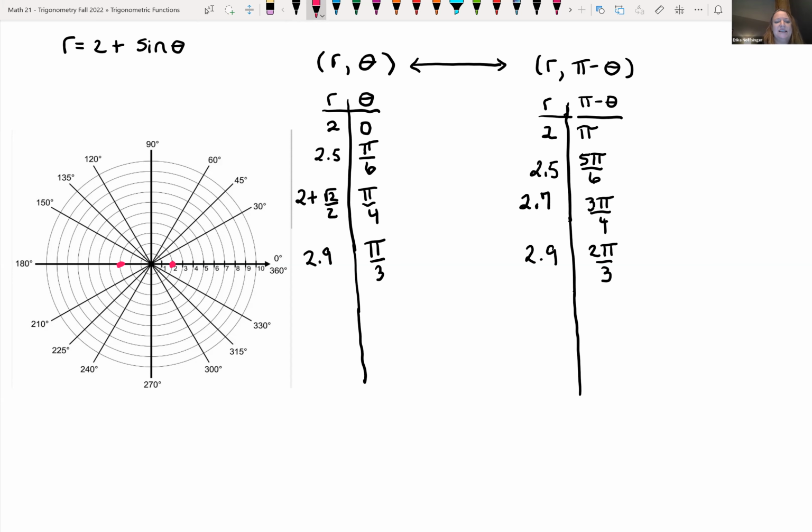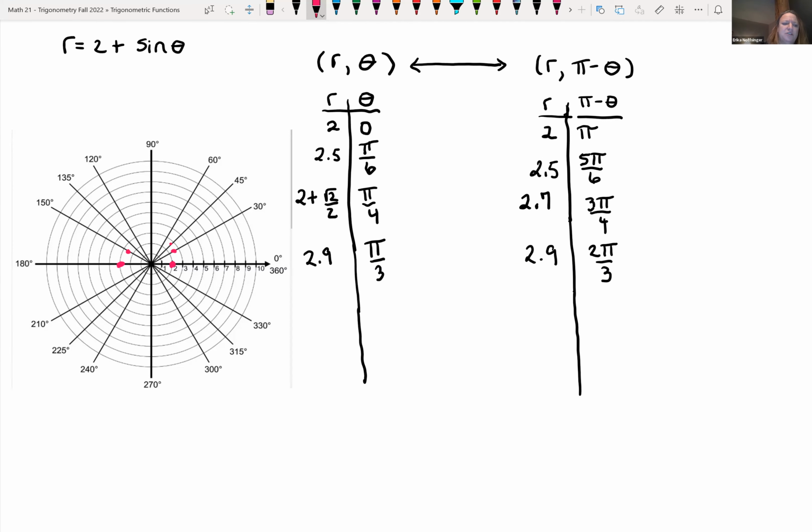When we have pi over 6, which is 30 degrees, we have 2.5, so about right here. At 150 degrees or 5 pi over 6, we also have 2.5. At pi fourths, which is 45 degrees, we have approximately 2.7.